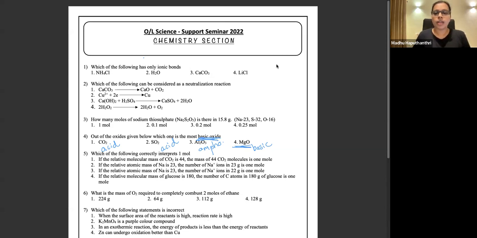Which of the following correctly interprets 1 mole? 1 mole concept. If you take 1 mole, quickly recall what you understand along with this word 1 mole. Say I'm taking 1 mole of phones.